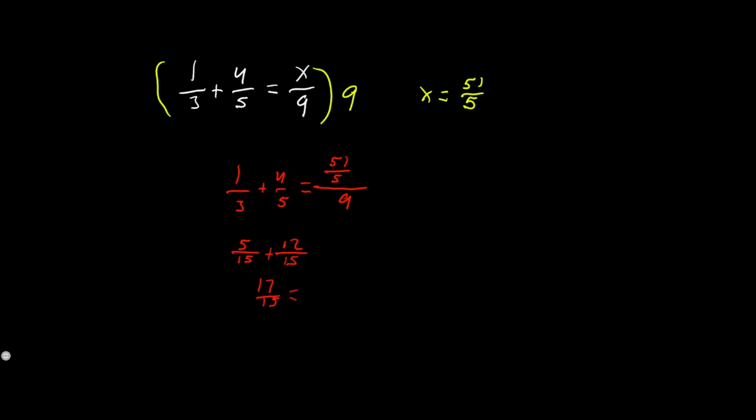And that is equal to, and when we have a fraction divided by a number, it is simply going to be the fraction multiplied by, in this case, 5 times 9. So now we get that it is equal to 51 over 45.